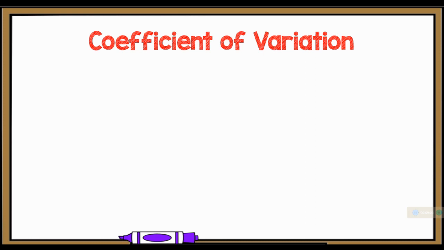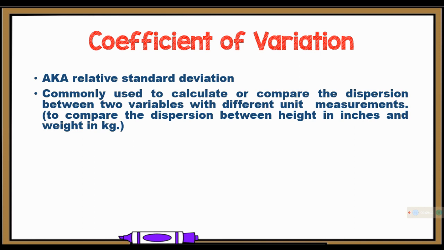Alright, now let's go to the third method. We have the coefficient of variation. It is also known as the relative standard deviation. It is commonly used to compare the dispersion between two variables with different units of measurement. So, for example, to compare the dispersion between height in inches and weight in kilograms.